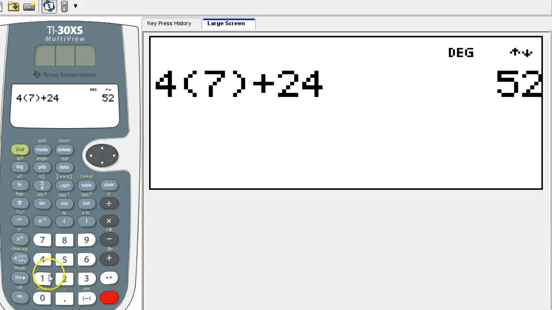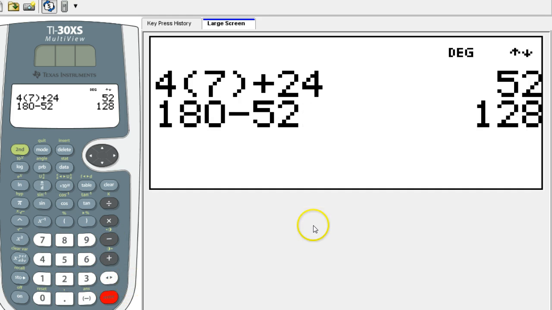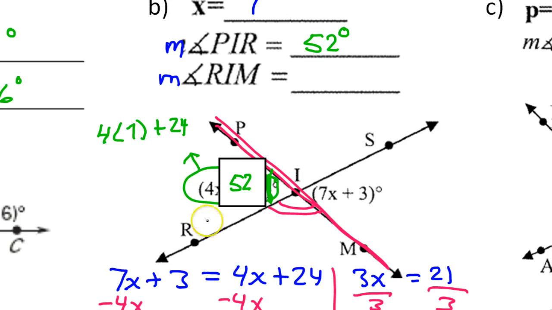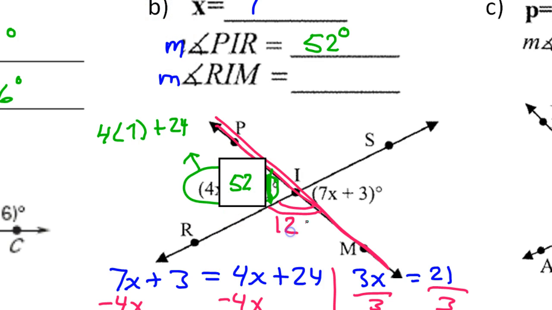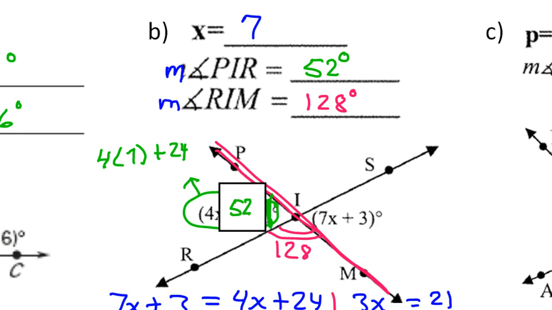So that's 128. You see these two linear pair, 180 degrees total. So that is how you do part B.